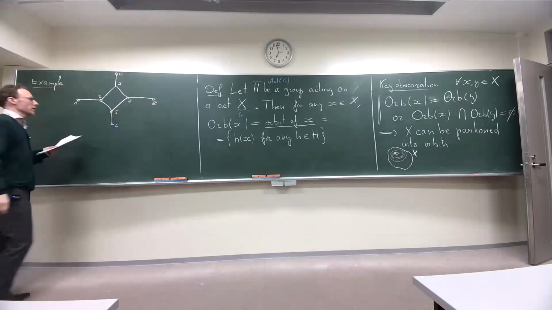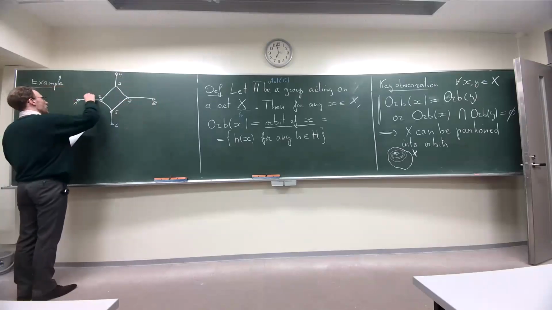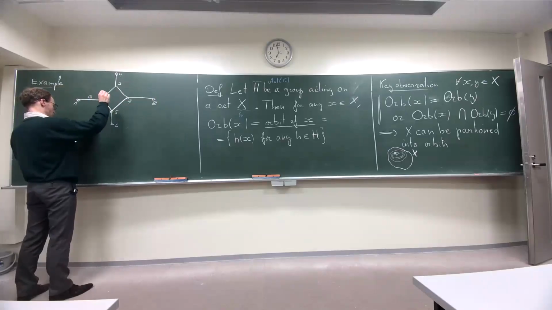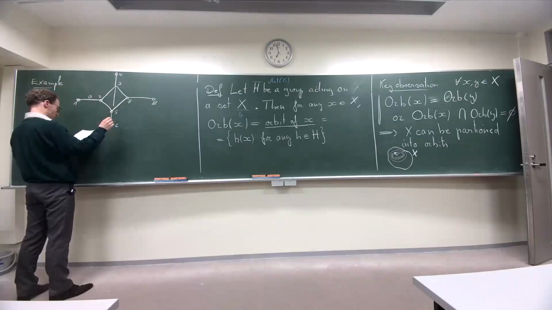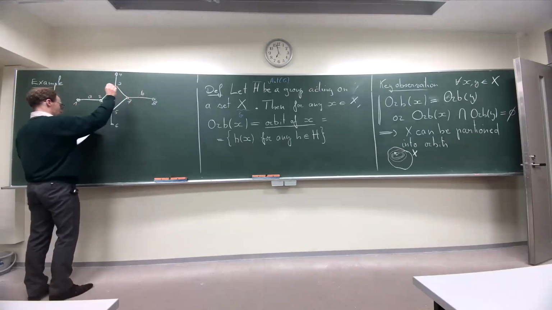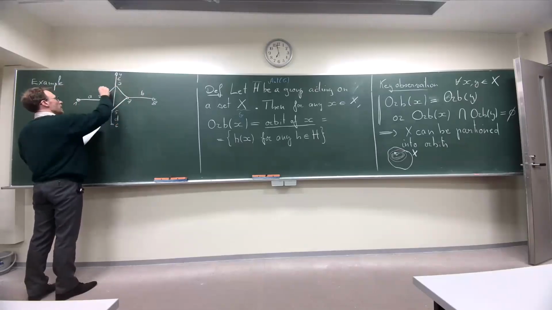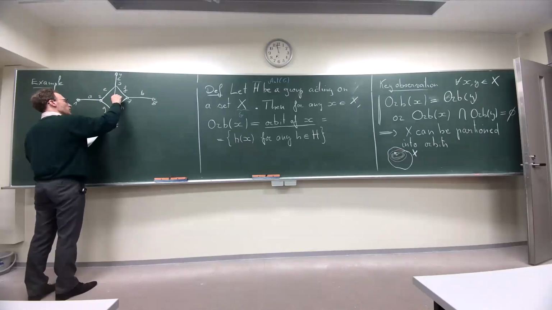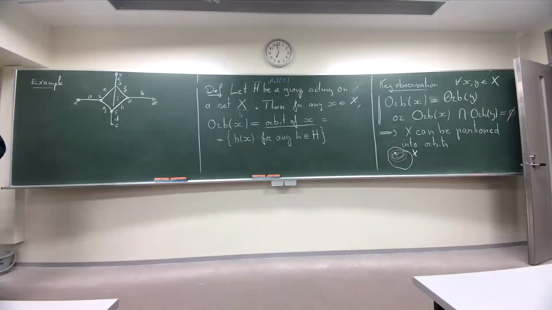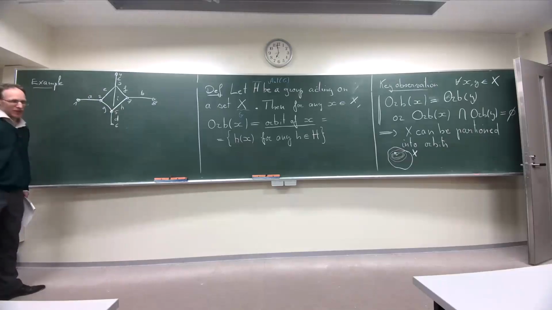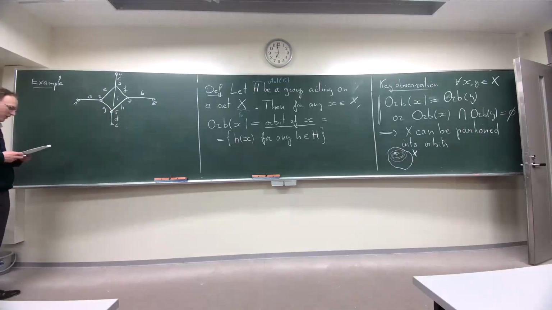We have 8 vertices, and I need letters for edges: A, B, C, D, E, F, G, H, and I. Of course, you can use any names, but if I want to state a result, I need to be consistent. Okay, so we have a graph like this. It should be symmetric. Sorry, my drawing is not so good.